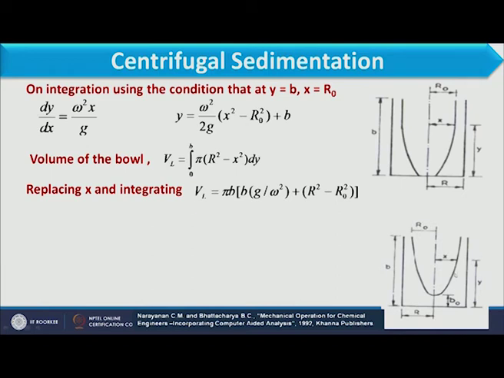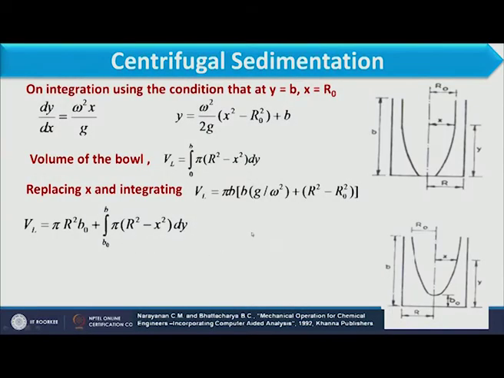Now, if this is the condition where the complete parabola is formed at a distance b naught from the bottom, then the total volume of the liquid would be pi r square into b naught, that is the total volume of liquid available in this particular section, and then we integrate from b naught to b of pi (r square minus x square) dy. In this equation we had integrated from 0 to b.